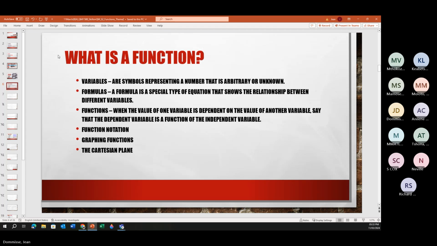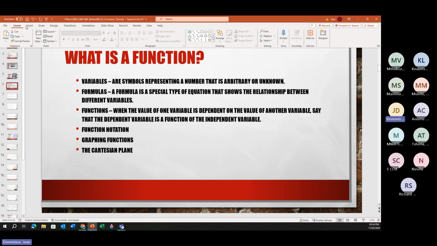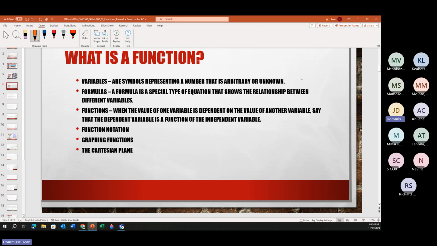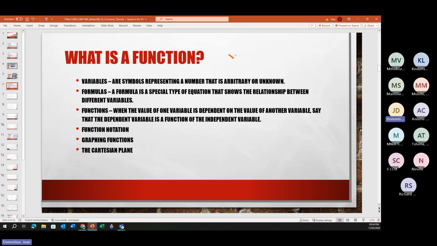So how the linear function will look, we will get to a view of that. But a linear function is normally y is equal to mx plus c.